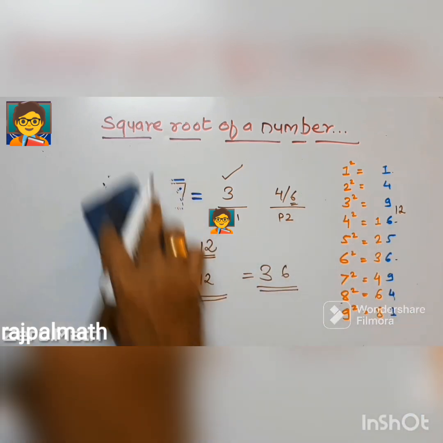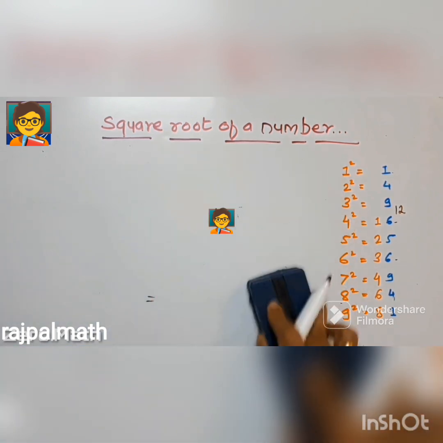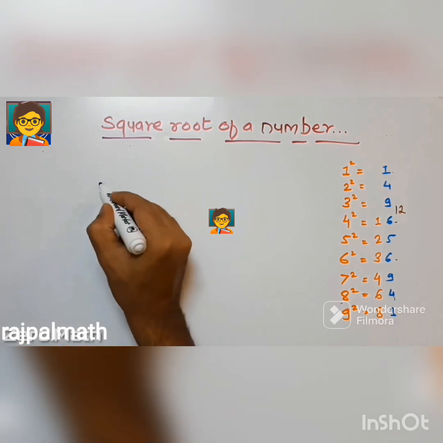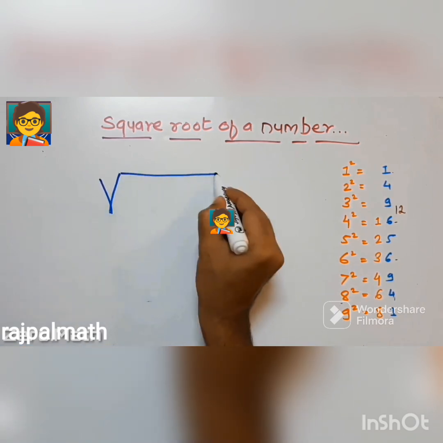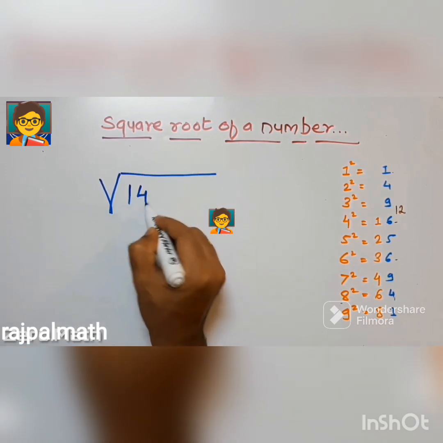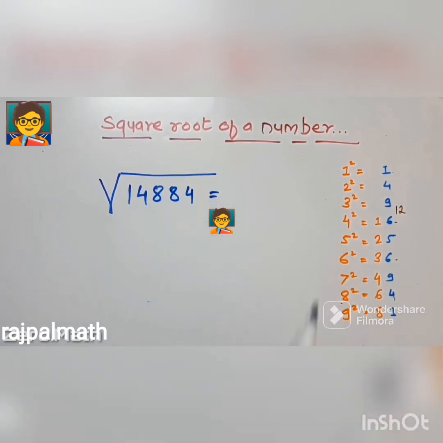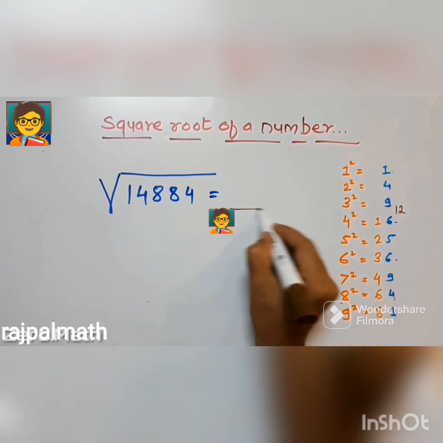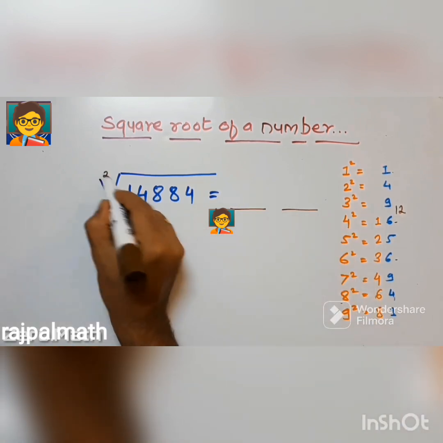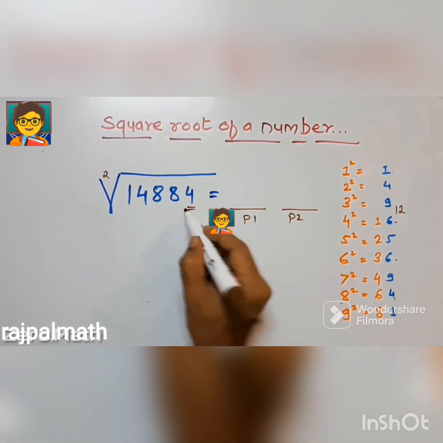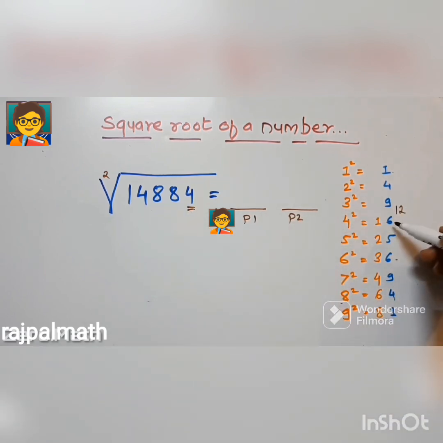Let's take the final example in this series and try to find out the square root of 14884. I'm going to again take two parts, part 1 and part 2. Since the number ends with 4, I can say my answer ends with 2 or 8.